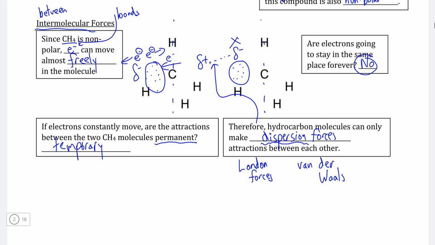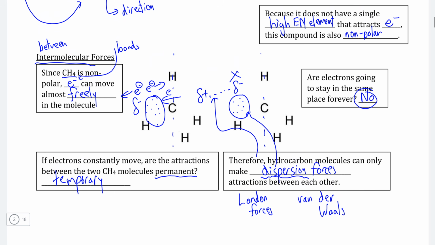Dispersion is a word that means to randomly scatter, referring to the random distribution of electrons and this temporary interaction that forms. Because nonpolar molecules do not have a permanent negative side and a permanent positive side, this is the only type of interaction that pure hydrocarbons can make.